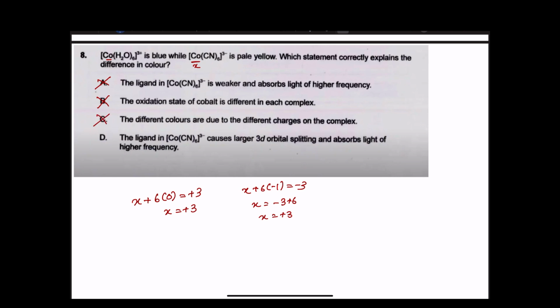So from this, I can say D will be the right answer by elimination, but D can also be explained. For the first one, it's showing a blue color. Blue color means it will absorb orange. Next one, it's pale yellow, which means it's actually absorbing violet. I know violet has a higher energy.